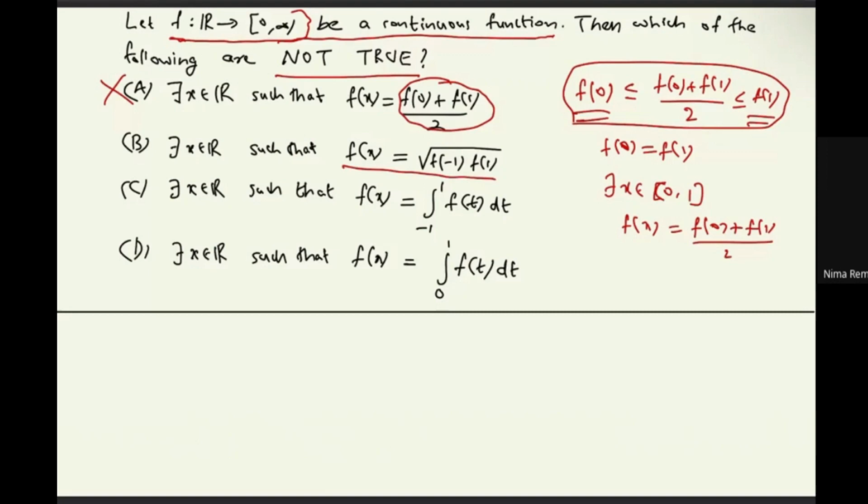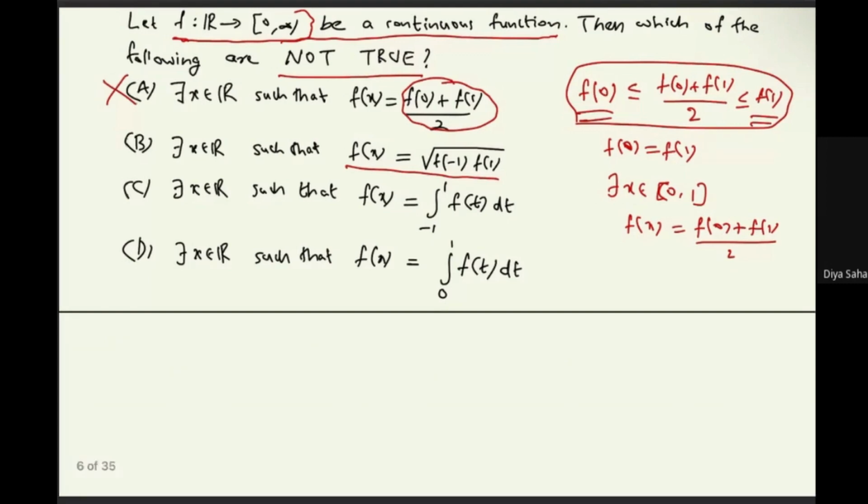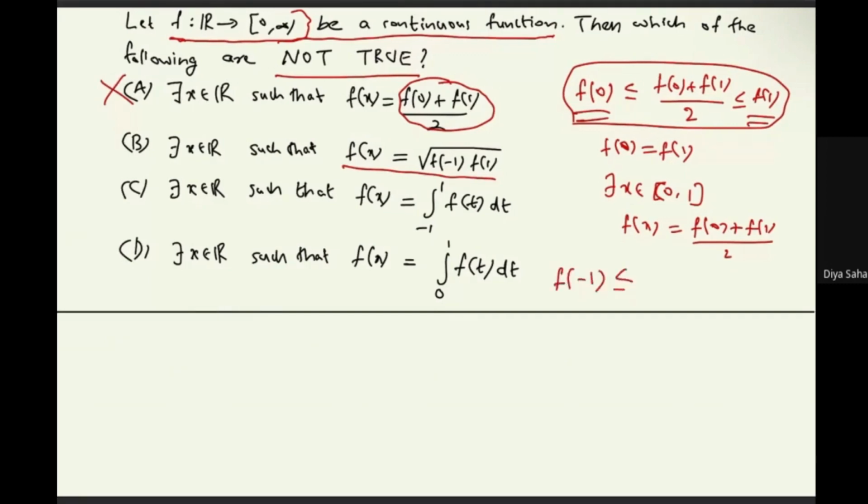Can we always say there is a real number x such that f of x equals this? Yes, sir, by IVT. Okay, the intermediate value theorem. Again, what's the reasoning? This is the geometric mean of f of minus 1 and f of 1.